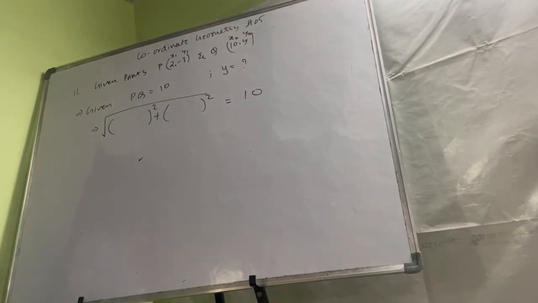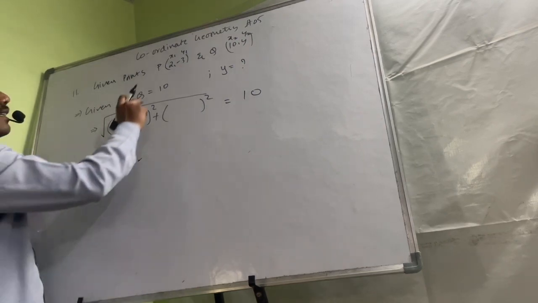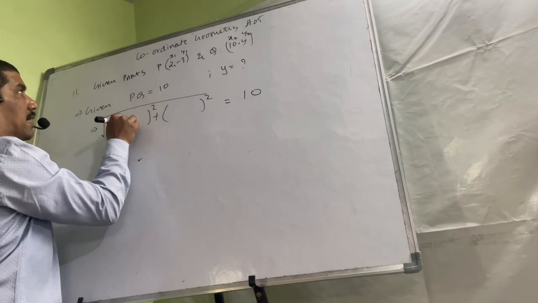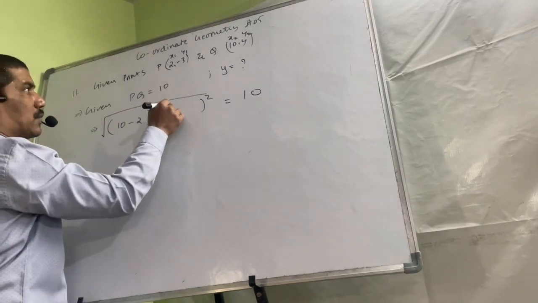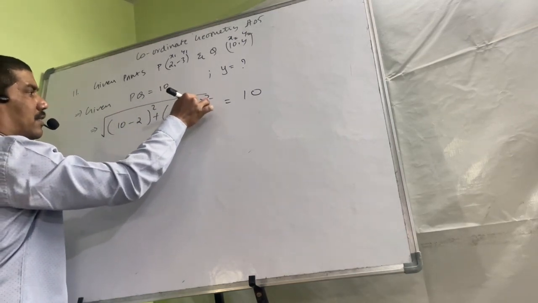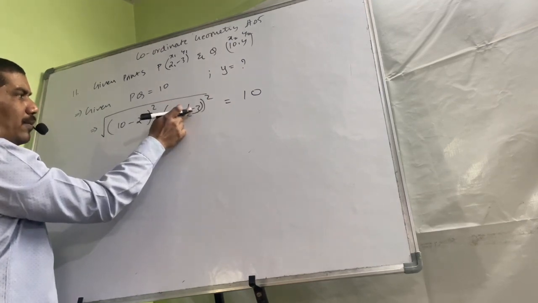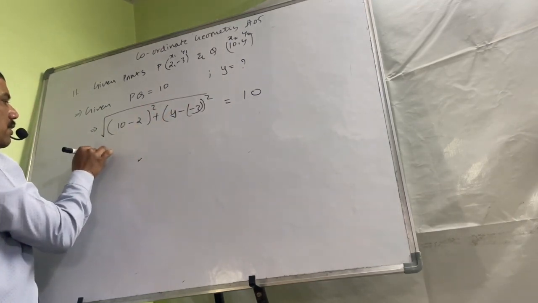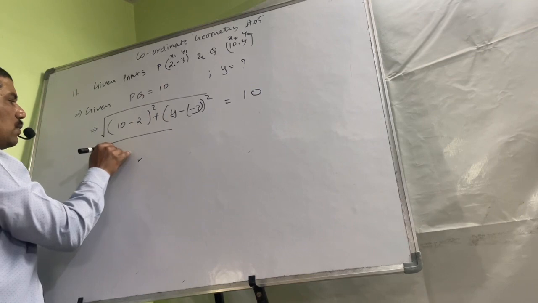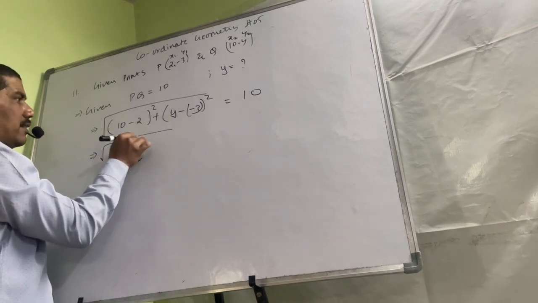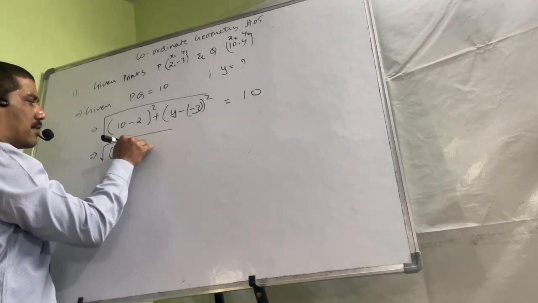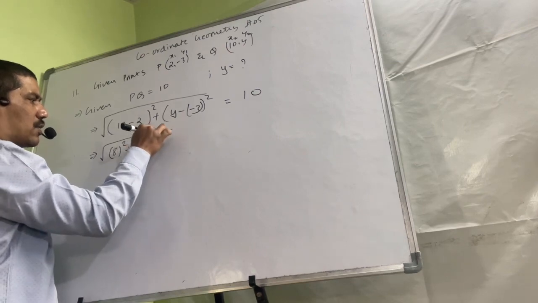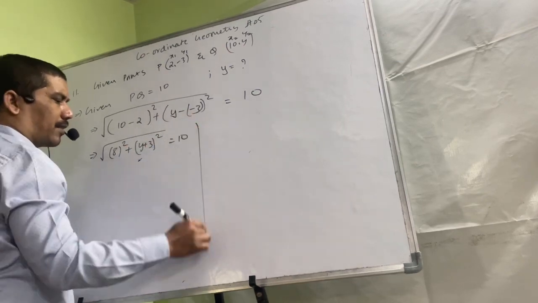So x2 minus x1, and y2 is y minus y1. This minus is from the formula, this minus is from the number. So 10 minus 2, 8 square. This is minus into minus, plus. So y plus 3 whole square, and the square root is equal to 10.